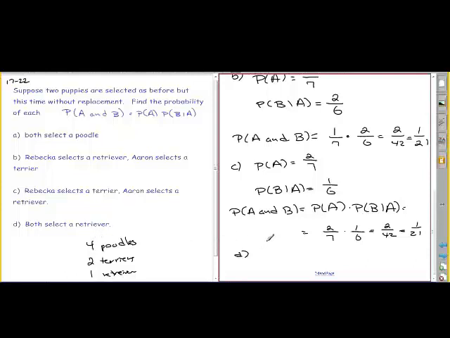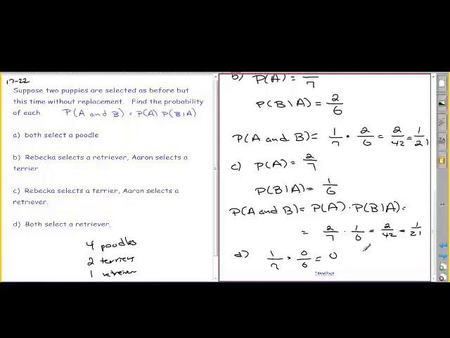Yeah, 0, right? It would be 0 over 6, but it's still 0. So in this case, the probability of Rebecca picking a retriever is 1 out of 7. There's 1 retriever, 7 dogs. In the second case, there's 0 retrievers left out of 6 dogs. So you multiply those together and you get 0.